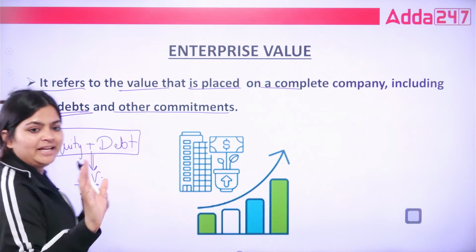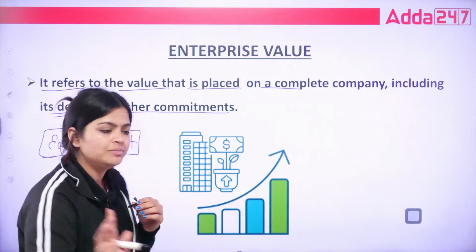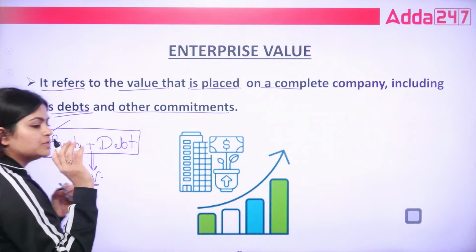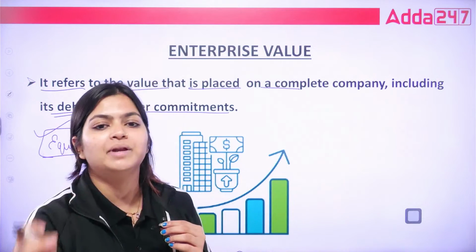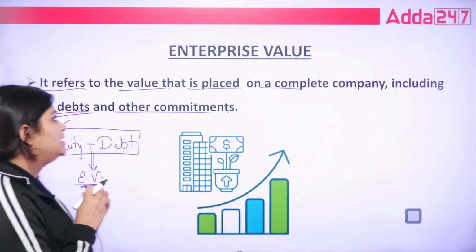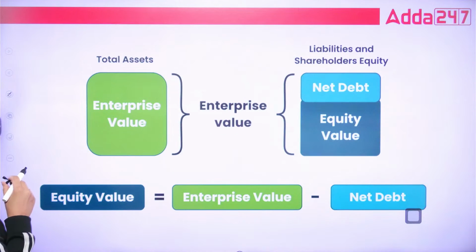This is not the complete formula. I'm just giving you one quick summary of how you can remember it when you are valuing a total company's worth. At that time you are going to use enterprise value.